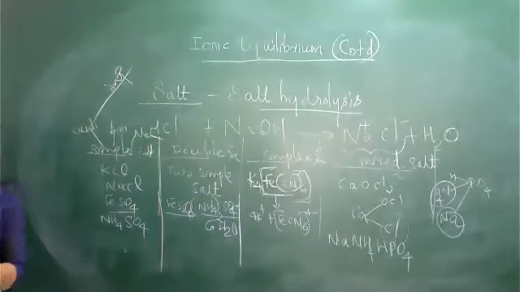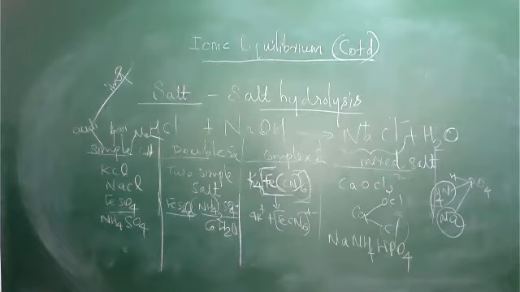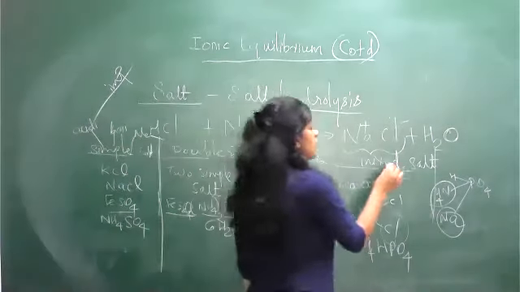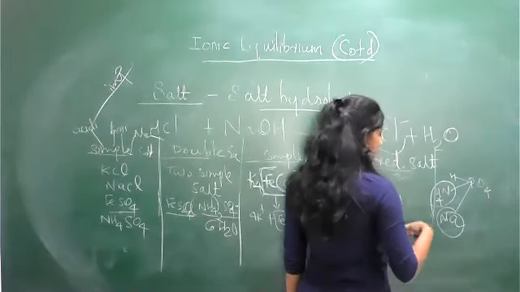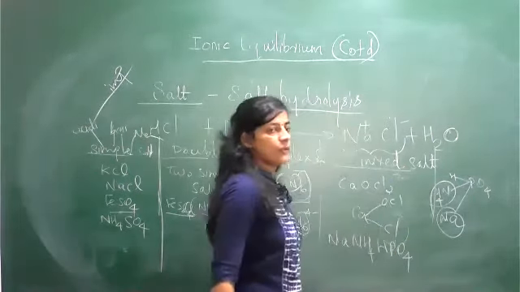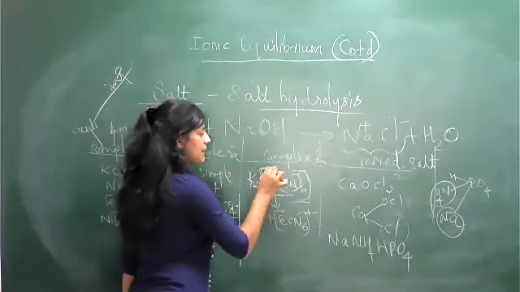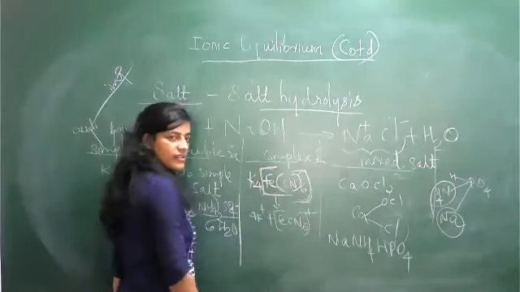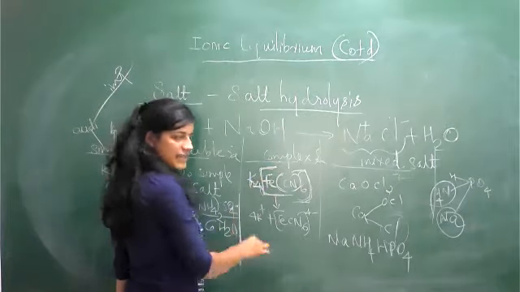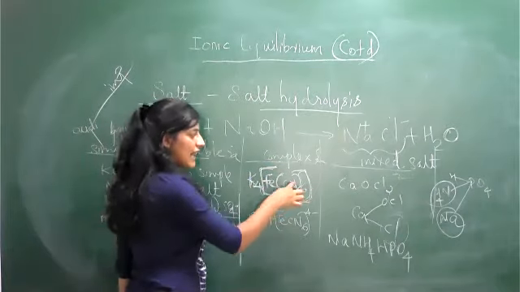Once again I will tell the definition. A mixed salt is a salt which furnishes more than one cation or more than one anion when dissolved in water. Complex salt means it can be expressed as a complex: outside there is a metal, inside also a metal with ligands surrounding.